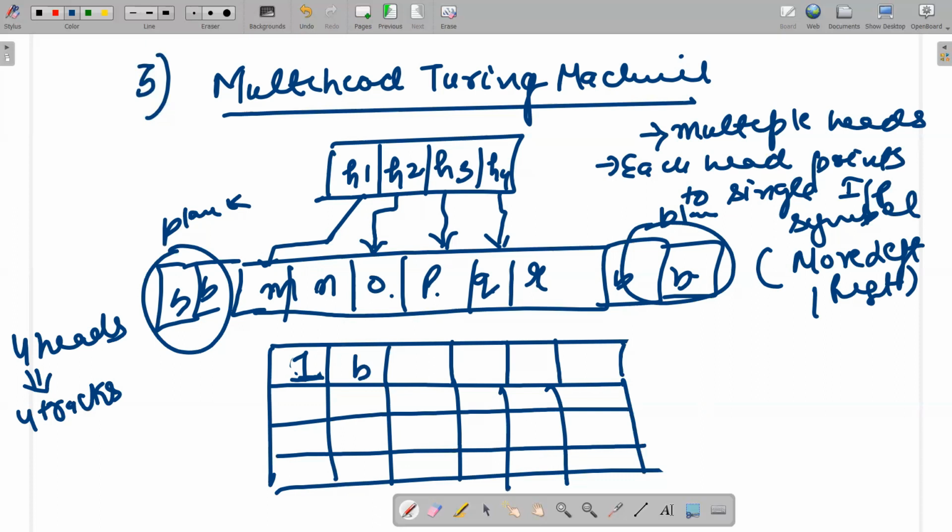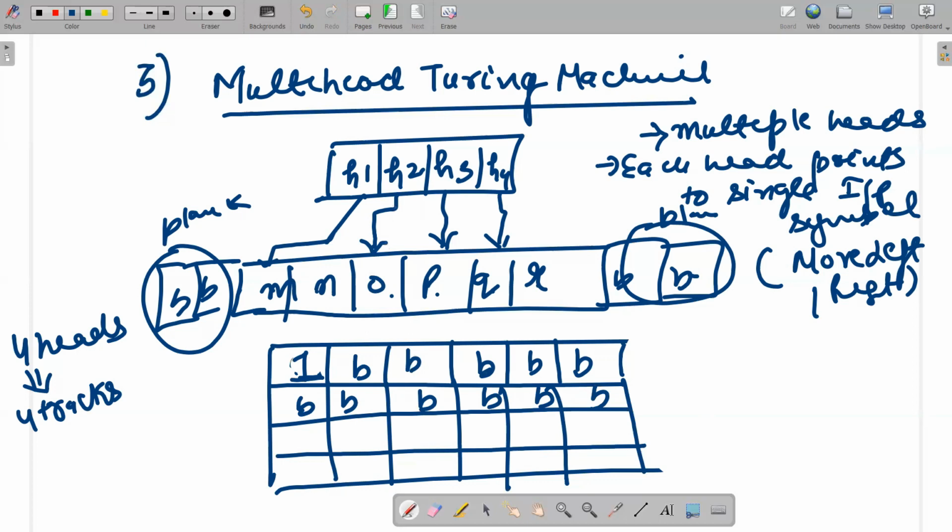For all other variables, I will take it as blank, right? Similarly, if H2 is pointing towards O, right? So O is the third variable, so I'm putting third as 1, and for rest, I will put it as blank. Probably because if head 2 is not pointing towards N, so I'm putting everything as blank with particular values.